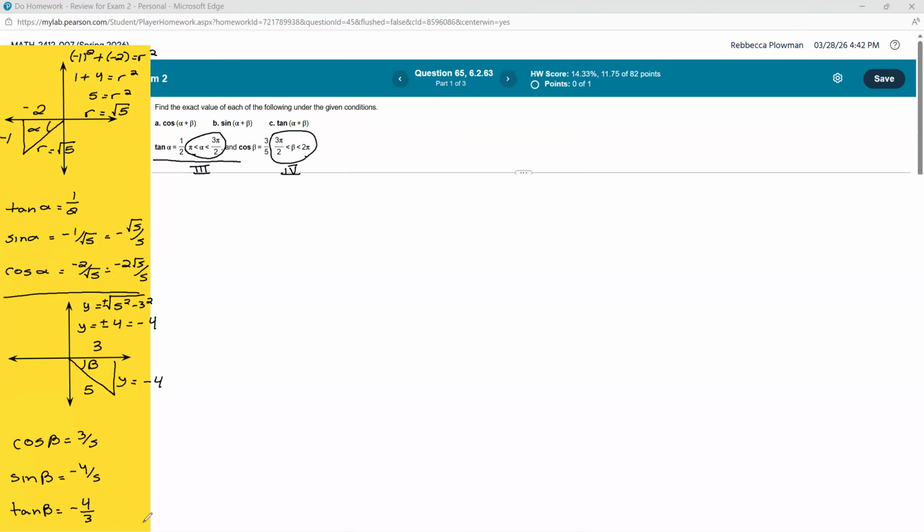Okay. So I'm actually going to cheat with the tangents on this one, or not cheat, but show you another way to do it. So you can use 2 different ways. So if we want cosine of alpha plus beta, we saw before that is just going to be cosine alpha cosine beta minus sine alpha sine beta.